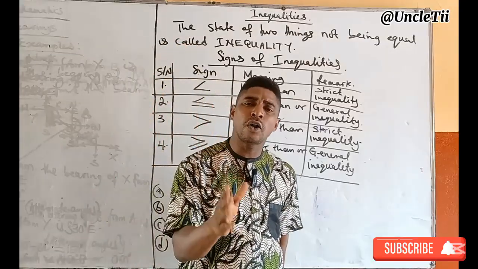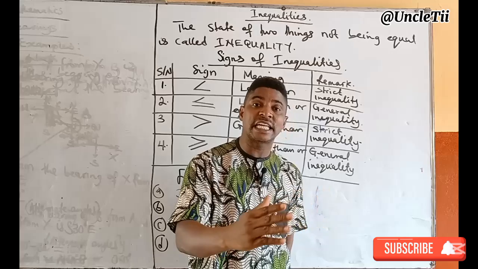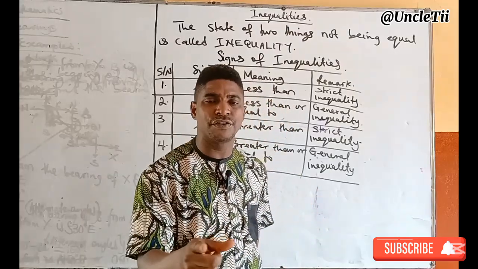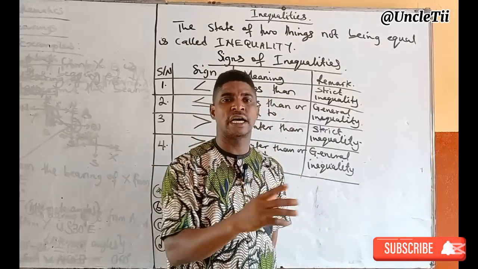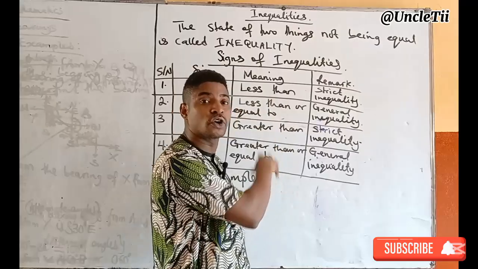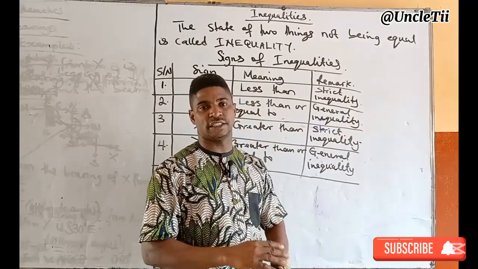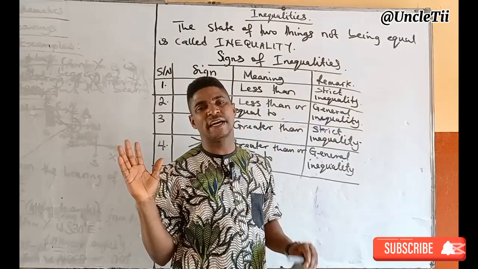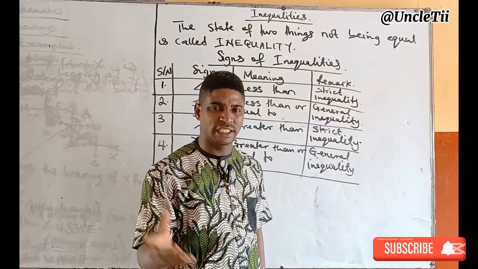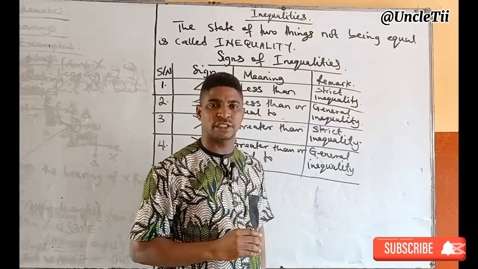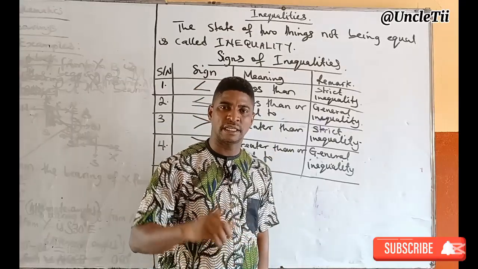Otherwise, all other algebraic processes that I apply when solving equations are also applicable to solving inequalities. And it's usually very easy. You will see it through examples in a moment.